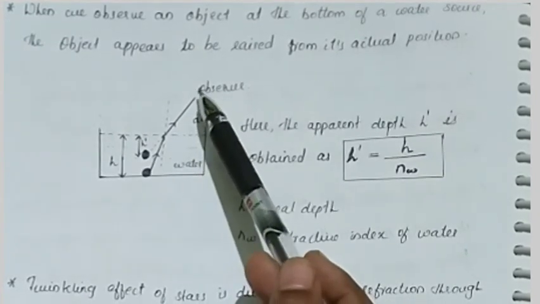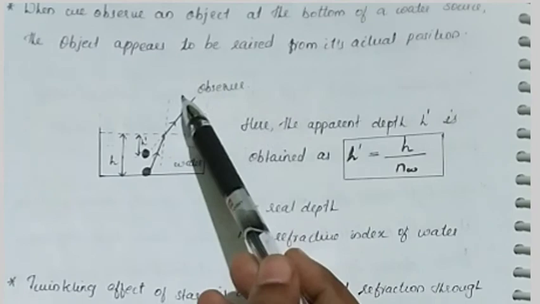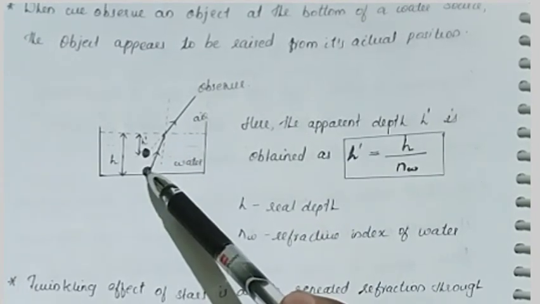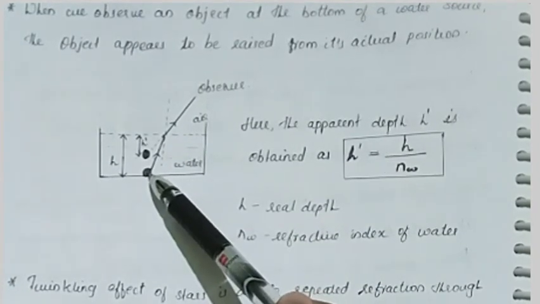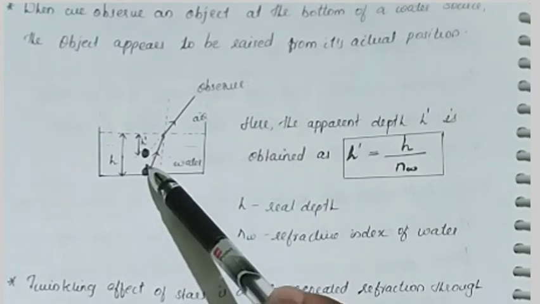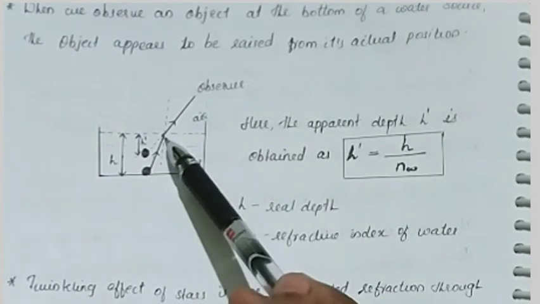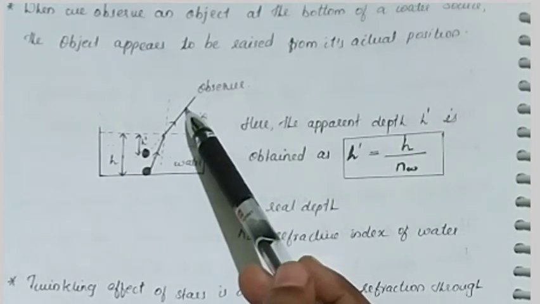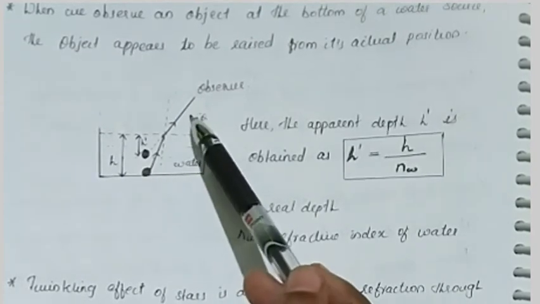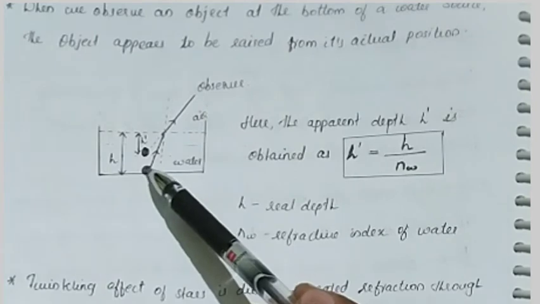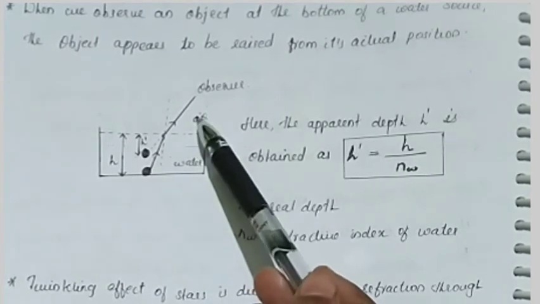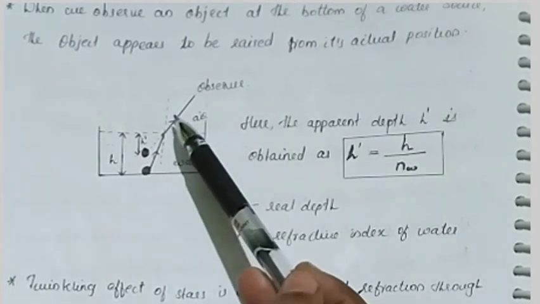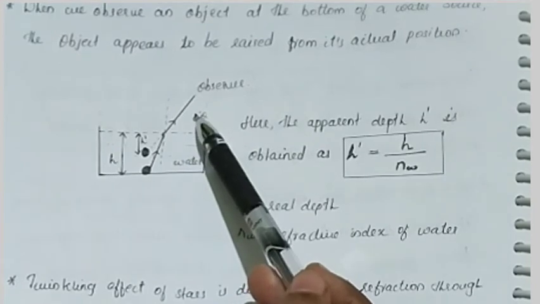Imagine the observer is watching an object under the water. The light ray from the object through water enters the air. So, the light ray enters from a denser medium to a rarer medium, and it deviates away from the normal.